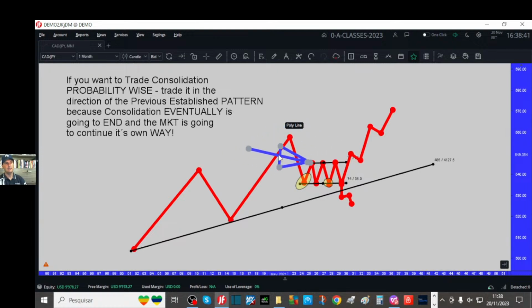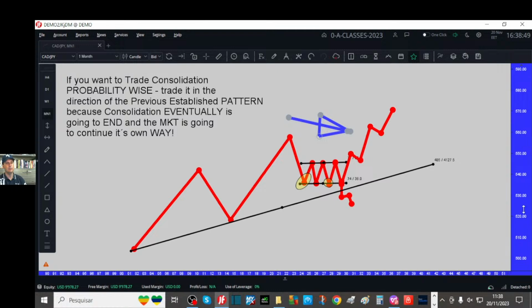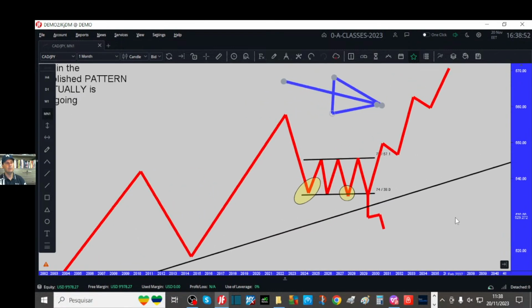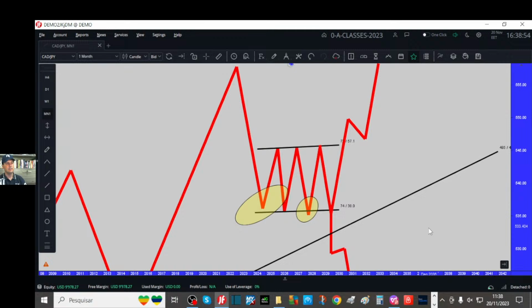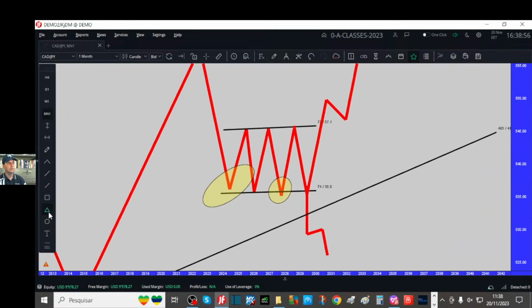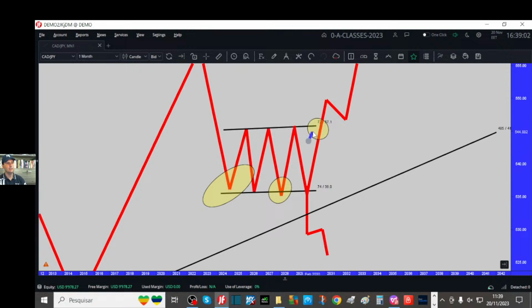Now, it doesn't mean that you cannot short, but if you buy 7 times out of 10 the market when it's time to explode, this is your loser, right? If you know this stuff, and it's all about education, this is going to be a place when the market is going to hit the upper band of consolidation again.